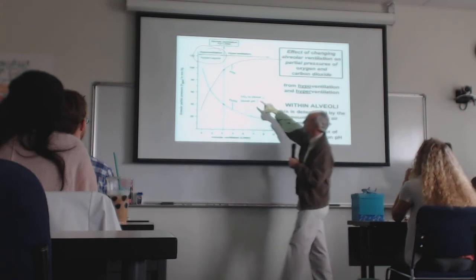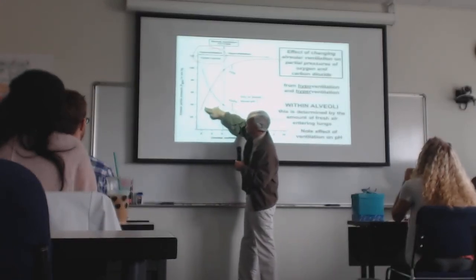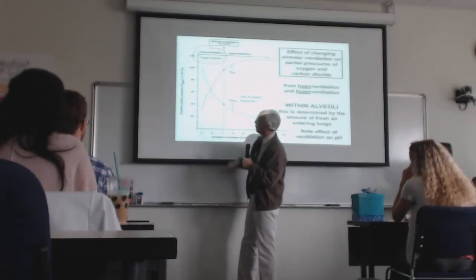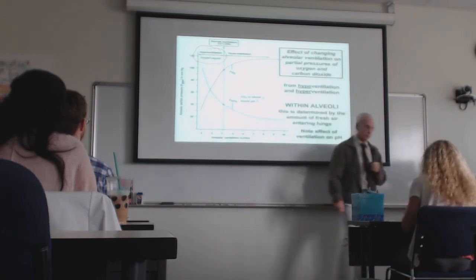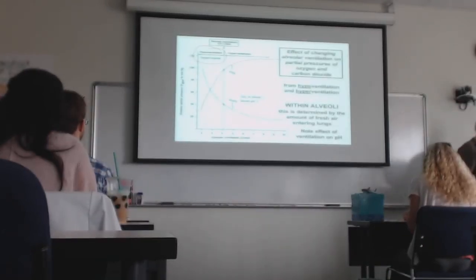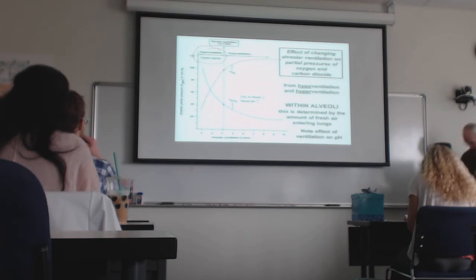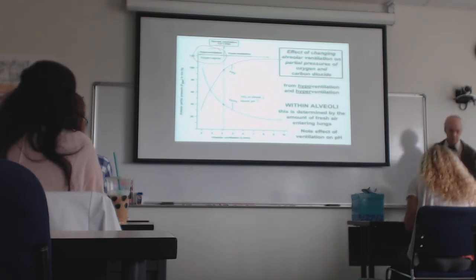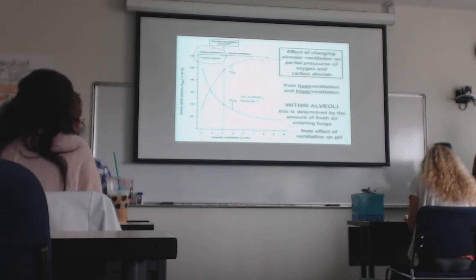In hypoventilation, oxygen levels are dropping and CO2 levels are going up, and that's going to have a number of effects, especially on the ability of the patient to sustain their physiology, but also have an effect on blood pH. Any questions about this figure?